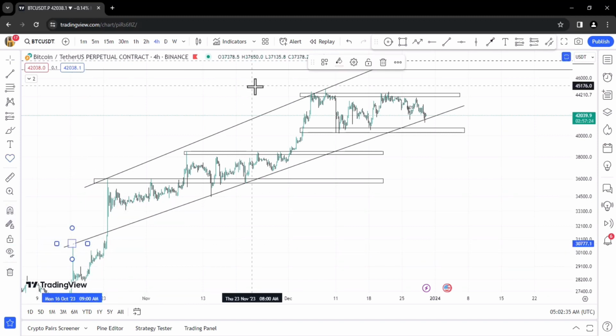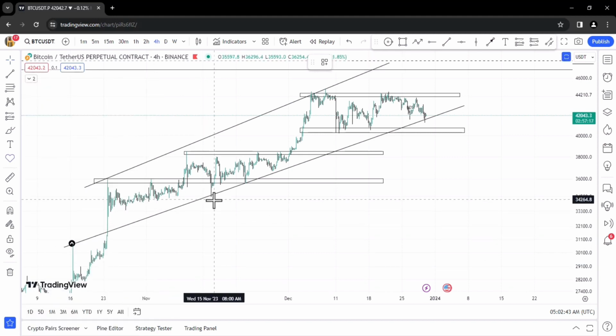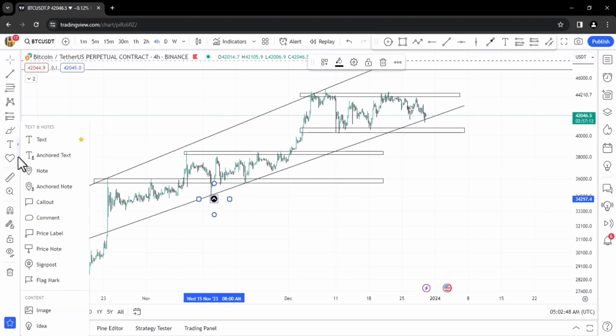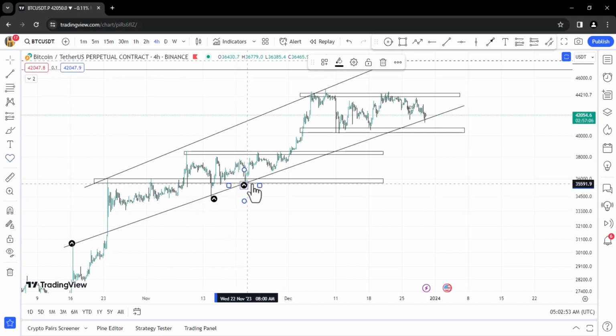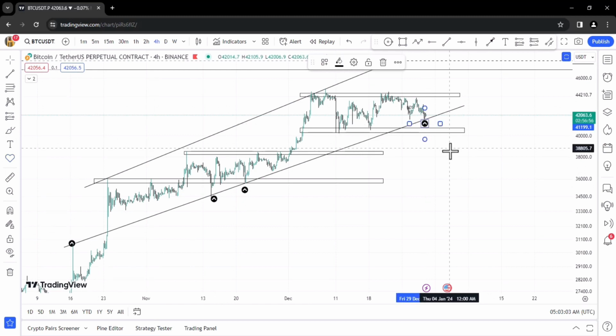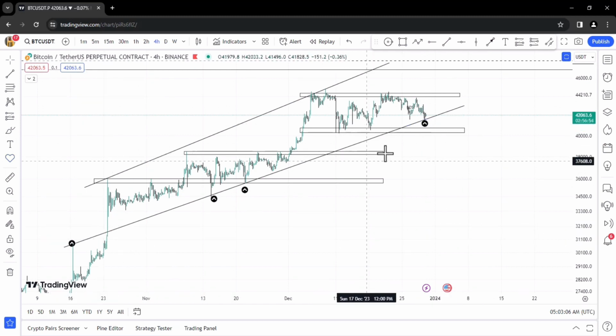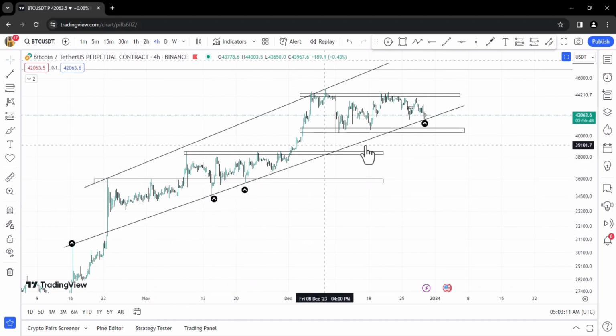You could see this trend line is actually obeyed, and you could see the market respecting it over time. You can see how many touches we had, and this is probably the last touch that we just had. So this line is actually valid, because you could see first touch, second touch, and third touch validating this trend line.